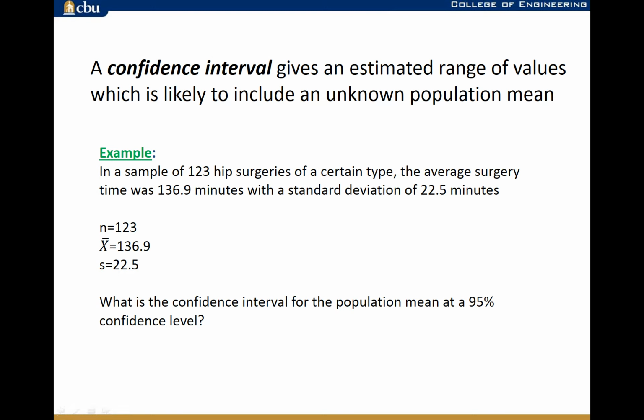So now we look at some examples. A sampling interval gives an estimated range of values which is likely to include an unknown population mean. In a sample of 123 hip surgeries of a certain type, the average surgery time was 136.9 minutes with a standard deviation of 22.5 minutes.